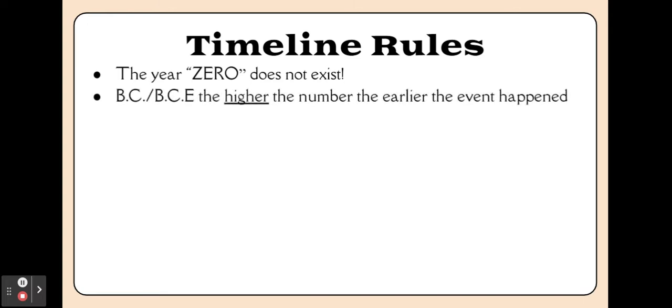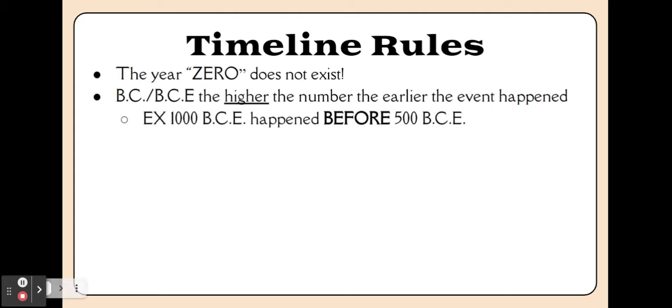Keep in mind when we talk about BC or BCE, the higher the number is, the earlier that event happened. So if we went back to our timeline before, the year 50 was a lower number, but it happened after the year 100 on the BCE side. Just like 1000 BCE is going to happen before 500 BCE.